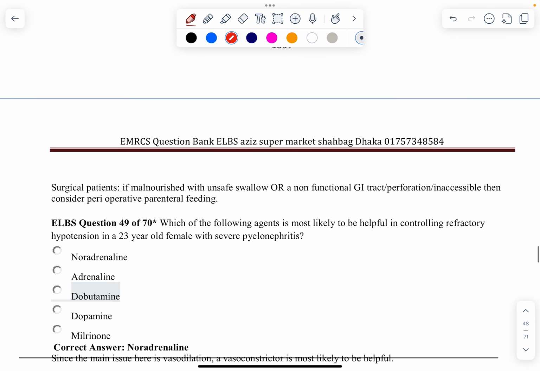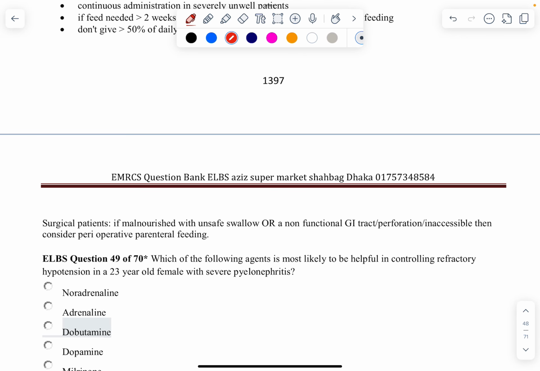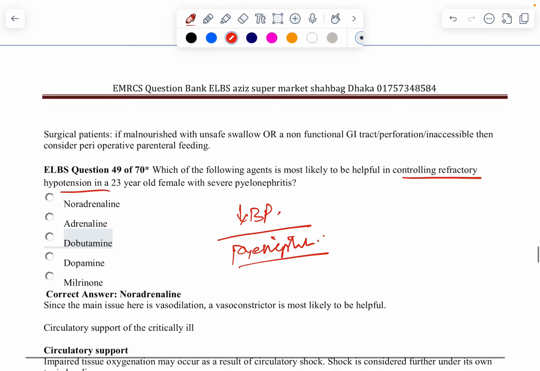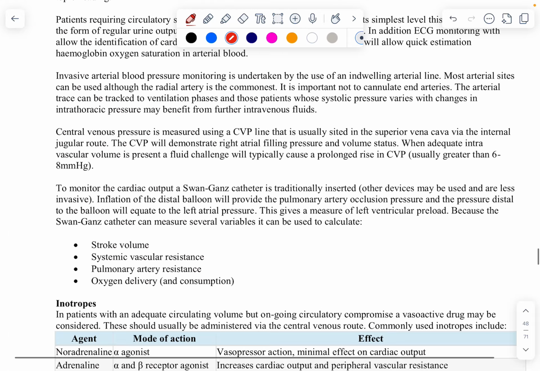Which of the following agents is most likely to help in controlling refractory hypotension, refractory low BP, and pyelonephritis? So you think of any drug which is not nephrotoxic, it is noradrenaline in septic shock.